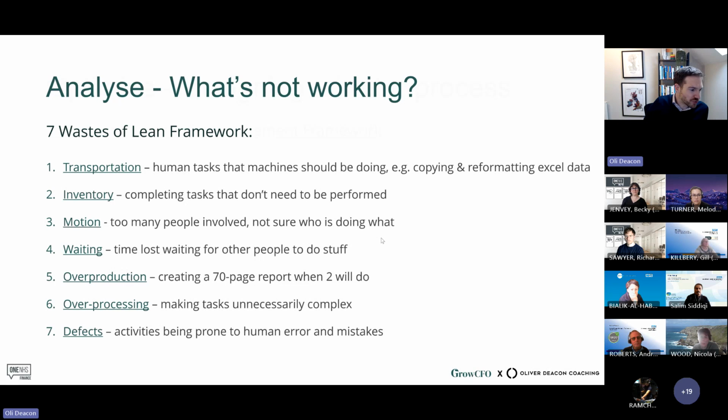So we can run through and analyze our process. If you go through your steps and look at each of those steps, you could say which of the wastes of lean are applicable to these steps. So we're waiting for somebody here, we're doing too much work, things are complex, we've got defects going on at this stage. You can assess your process with this. Now, we're not going to do that today, folks, because we are going to have a look at AI doing it for us.